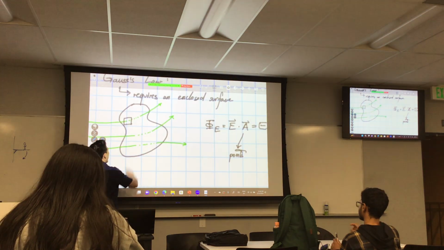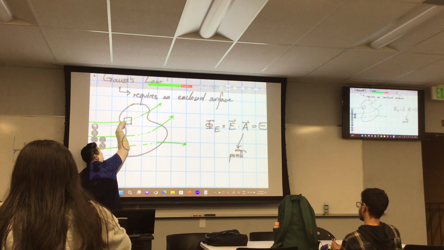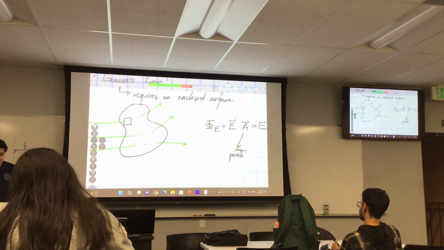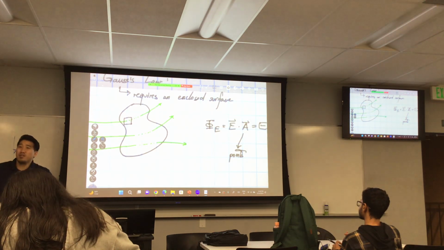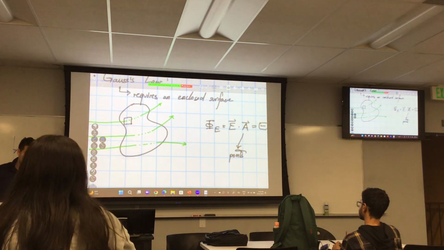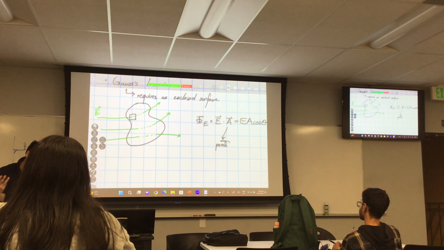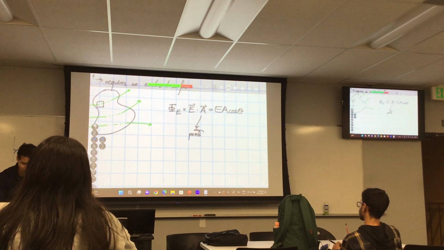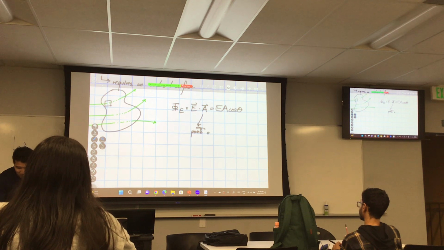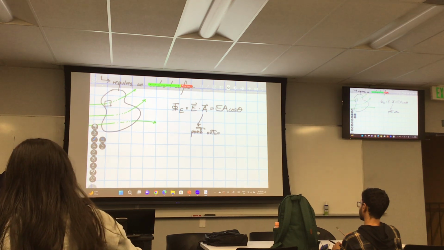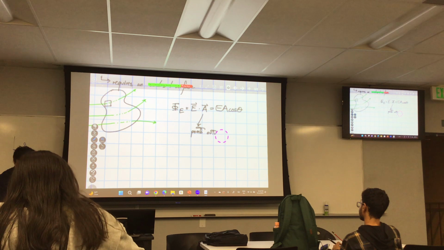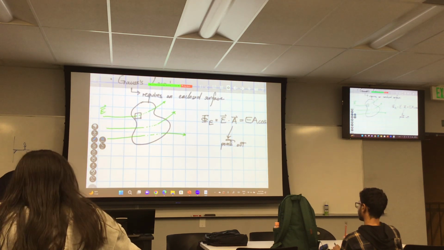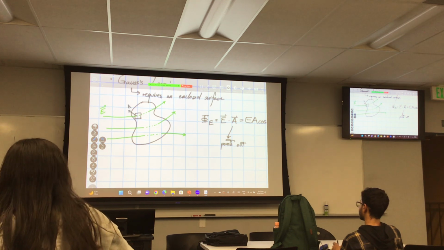We can either point outside or point inside the volume. So which one should we use? Or does it not matter? Technically, it doesn't matter. However, for the purpose of Gauss's law, we want it to point outward. So we want to define the vector as pointing out of the volume, so this will be our area vector.